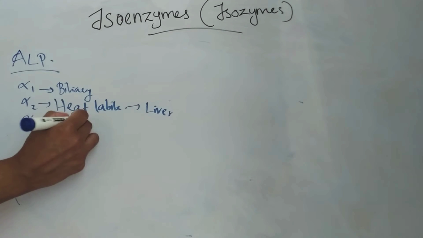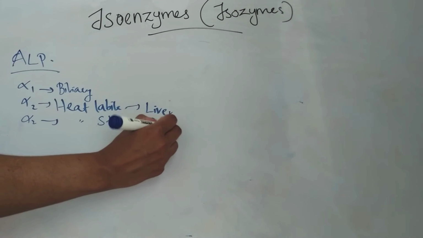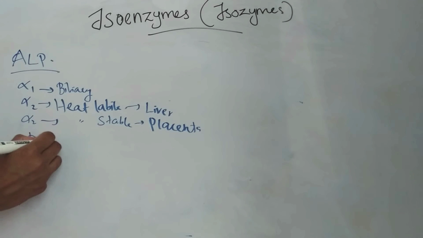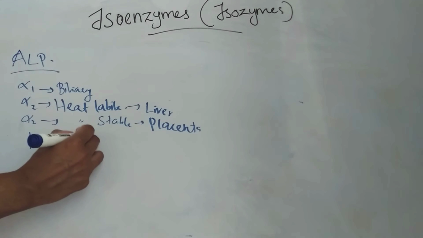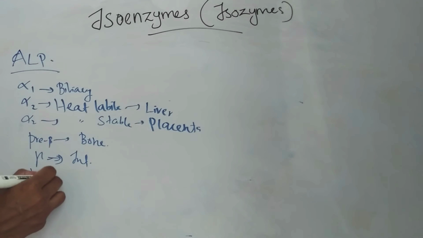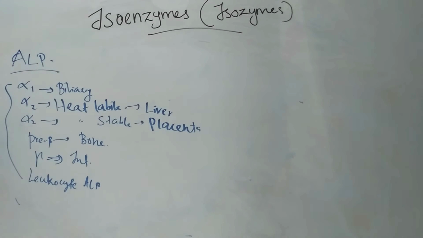Alpha 2 heat stable, it is in placenta. Then pre-beta, it is in bone. Gamma in intestine, and the 6th one is leukocyte ALP. These are the 6 isoenzymes of ALP.